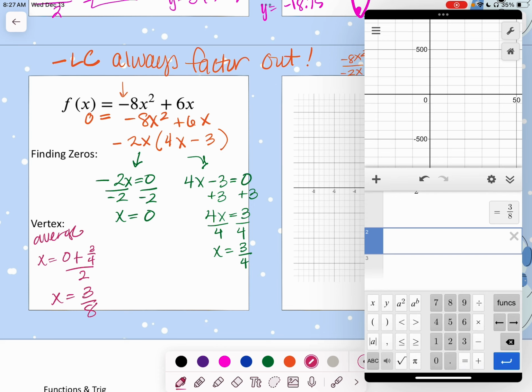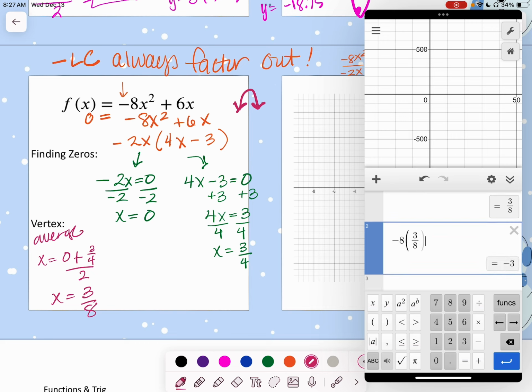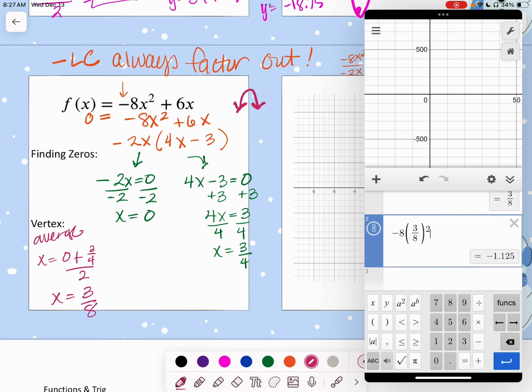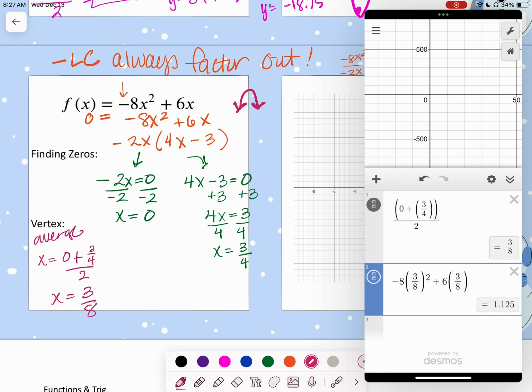Okay, to find it, this has a negative leading coefficient, so it's going to be a frown. Hopefully you remember that. If you don't, I can show you on Desmos, but I'll go negative 8, 3/8 squared, plus 6 times 3/8, and I get 9/8 as my vertex, 3/8 comma 9/8.